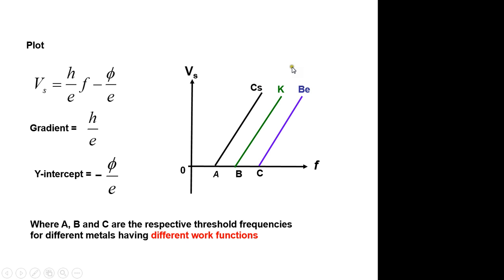Of these three metals, do you all know in chem which metal is the most reactive? It is cesium, right? Cesium. In fact, cesium, if you shine visible light at it, it will start to emit electrons already. Can you see? That's why the f0, the threshold frequency is the smallest. Potassium is next, then beryllium.